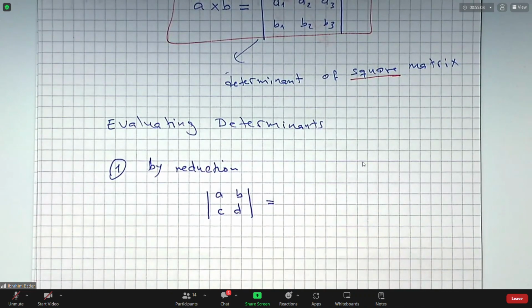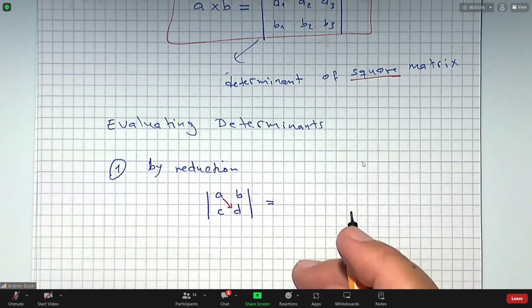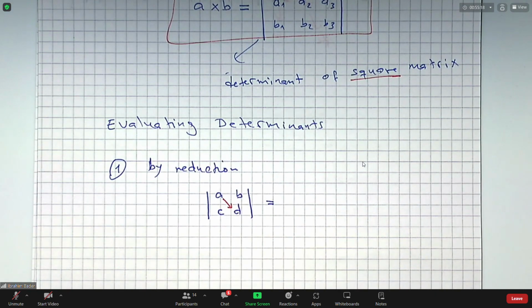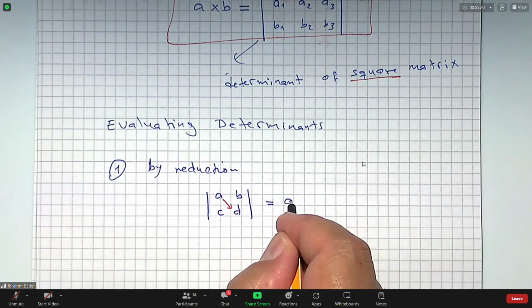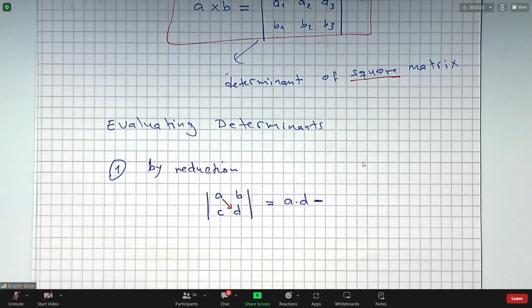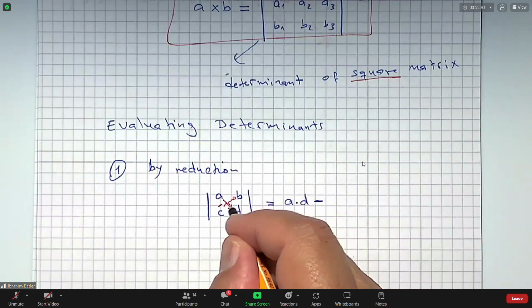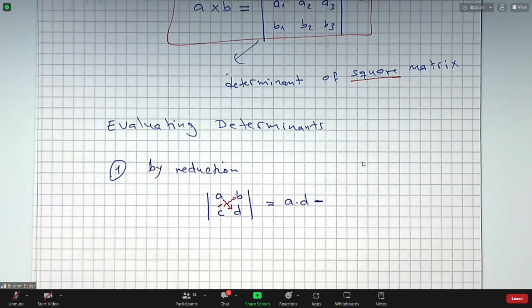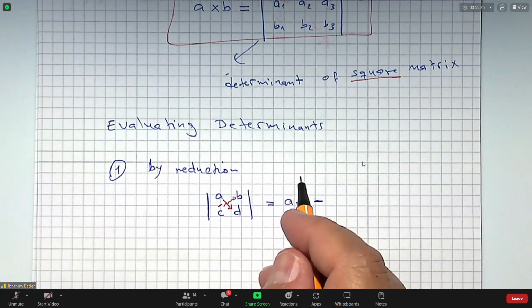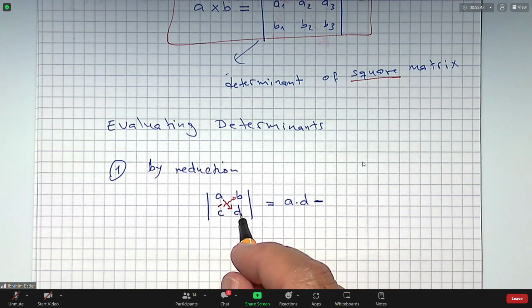For a 2 by 2 determinant, this is a definition: we cross multiply this diagonal, so it's A times D as real numbers, and then subtract from it the result of this multiplication, C times B. It doesn't matter the order, because real number multiplication is commutative, but let's just stick to this direction.